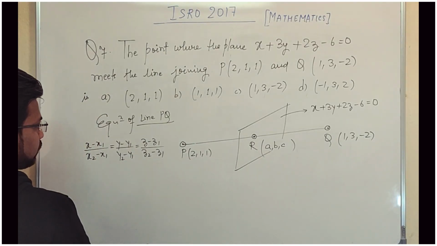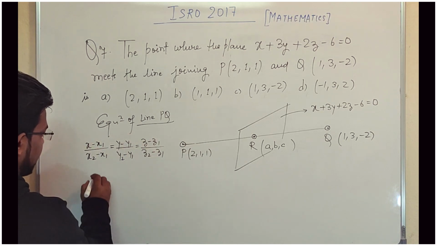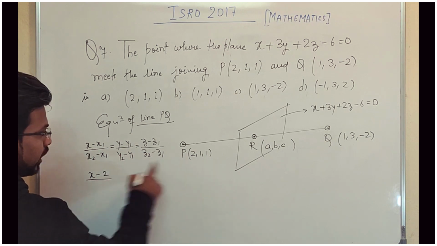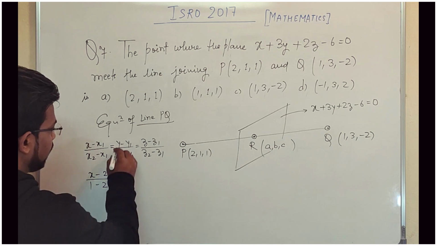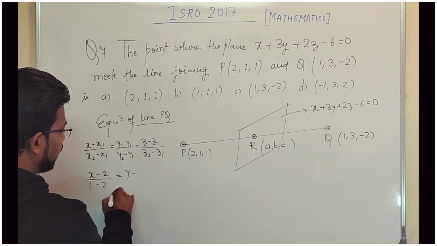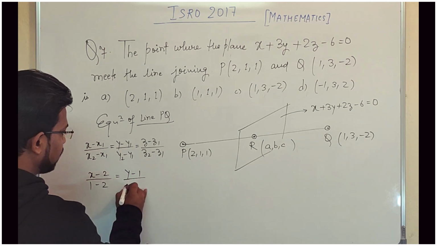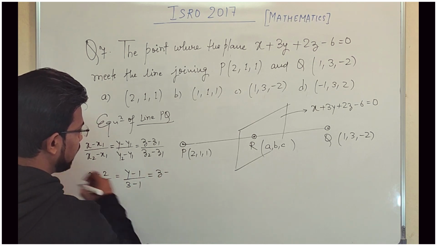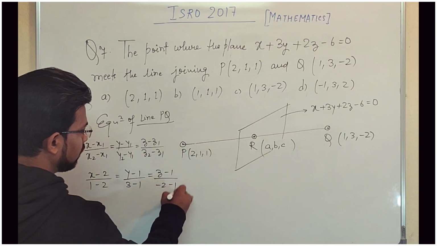Now you can write this. For these points, x minus x1 is 2, x2 is 1, so this is 1 minus 2. Then we have y minus y1, which is 1, divided by 3 minus 1, and this will be z minus z1, that is z minus 1, z2 is minus 2, and then minus 1.